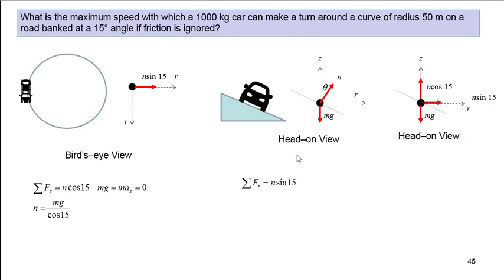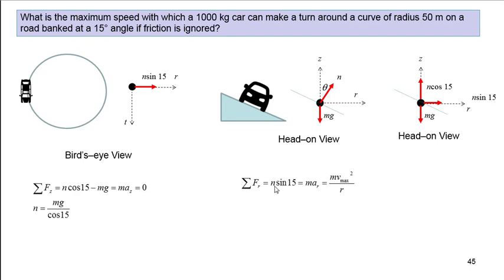Now if I look in the r direction, my net force in the r direction is simply n times sine of 15. And my net force in the r direction is always equal to my mass times my acceleration in the r direction. And my acceleration in the r direction is going to be equal to v squared over r. And here I'm looking at that maximum speed I can have without sliding around on there.